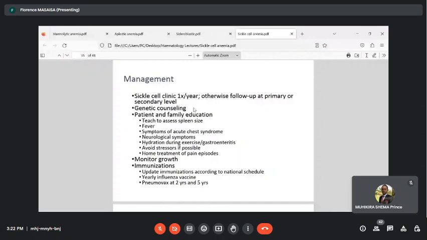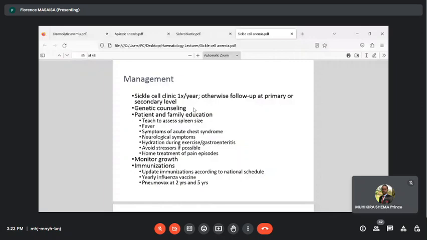You also have to do patient and family education. They should know how to assess the spleen at home, how to hydrate the patient, what stresses to avoid, and how to avoid them. All this should be discussed with the patient. You have to monitor their growth.